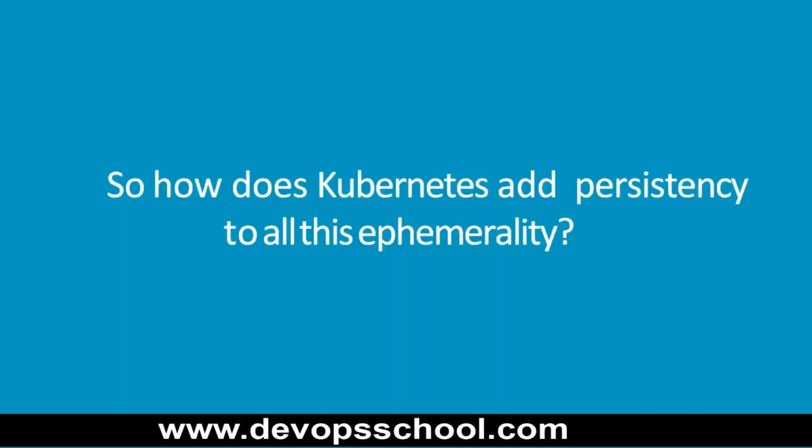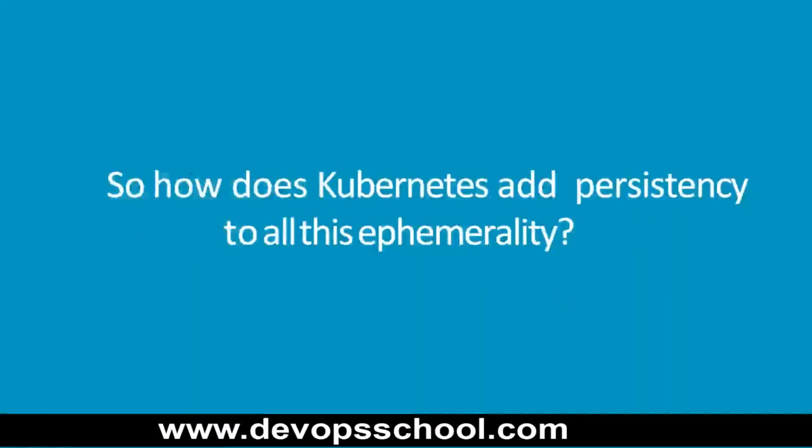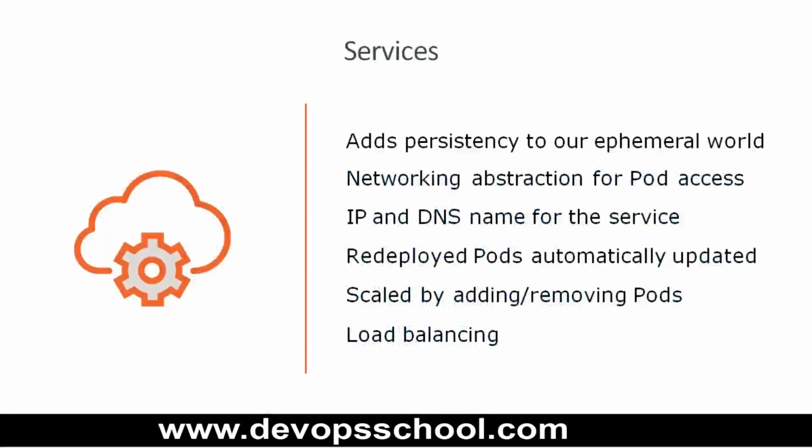But the question is, how can you access the pods in a persistent way? And that is where services come in. You hit the service, and the service will make sure that one of the pods will be available for you, no matter the pods are coming and going. For the service, you are getting the traffic to the healthy pods only. So that is called pod persistency. But again, storage persistency is another topic which we need to discuss. Okay.